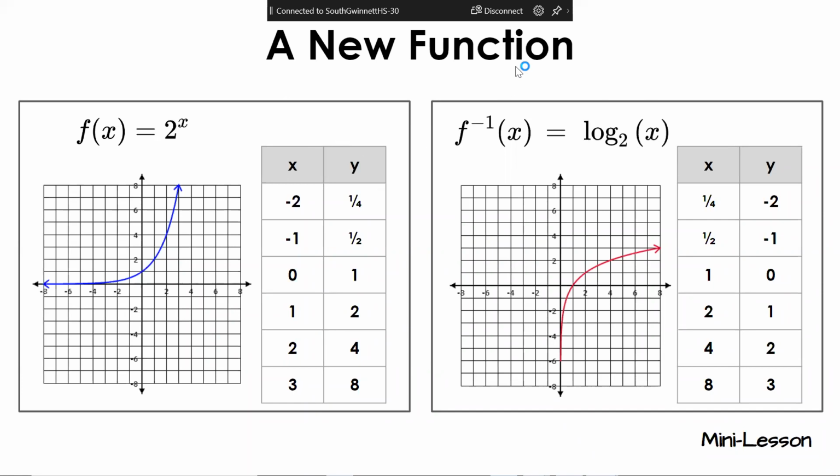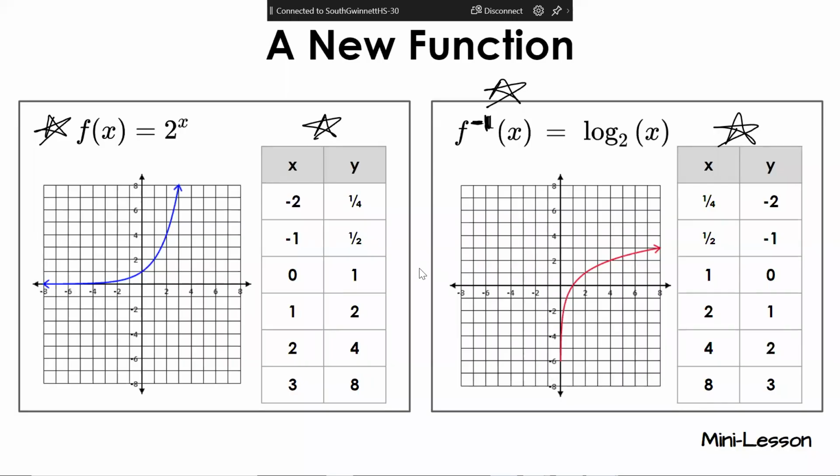So looking at this table, we see that we have our x column and our y column. Over here, for the inverse function, we have switched our x and y's. So notice how this column is now the x, and this column is now the y. Okay. So on your paper, I would probably write this equation, and write the table. I'll give you a second to do that.